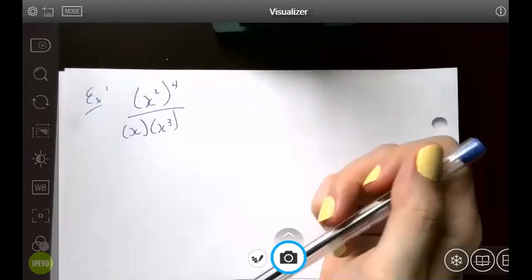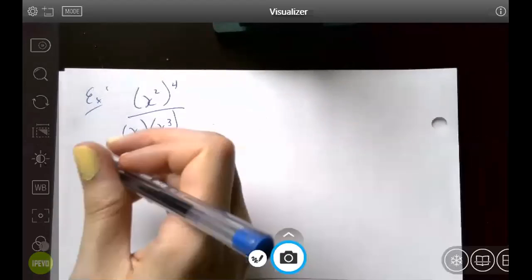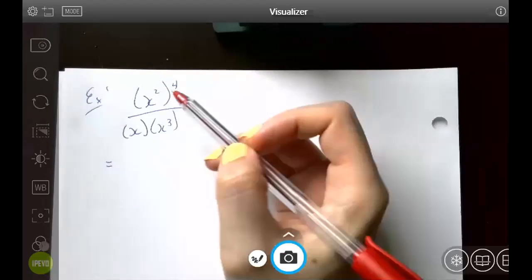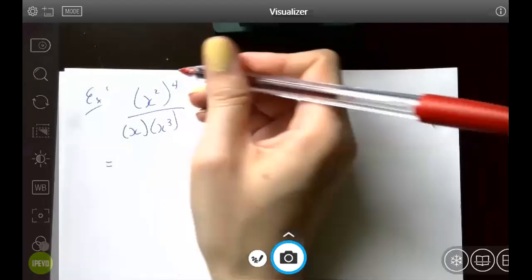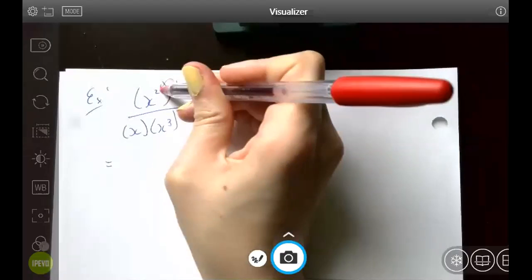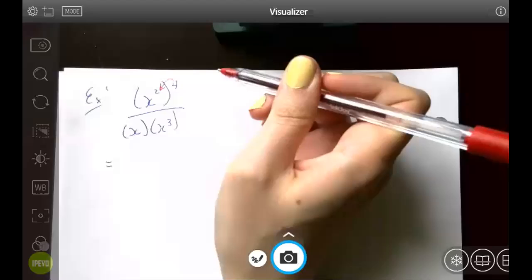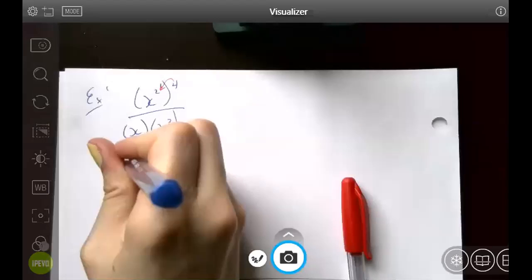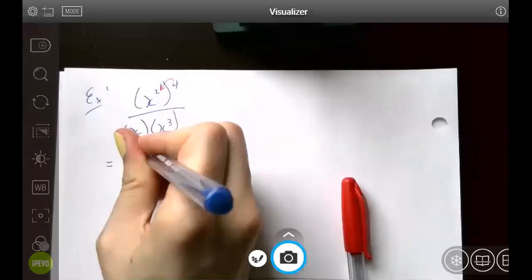So let's go through how we would solve this. The first thing that I would do is solve the top here, and when I have an exponent, like this 4 here, that is applying to another power, I multiply those exponents. So on the top there, I would end up with x to the power of 8.